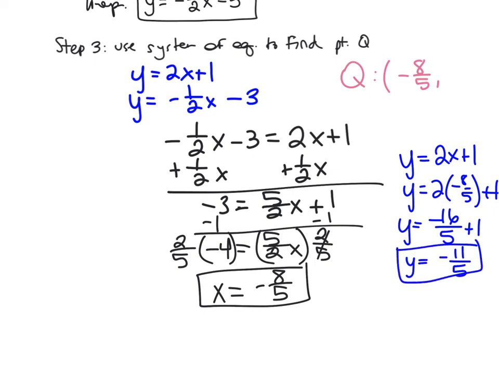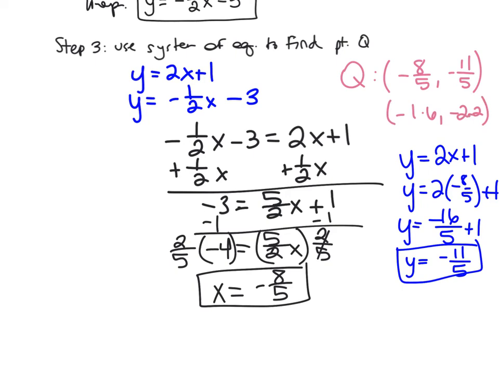Okay, now we know that point Q is at (-8/5, -11/5). Or if you have this as a decimal, it is (-1.6, -2.2).